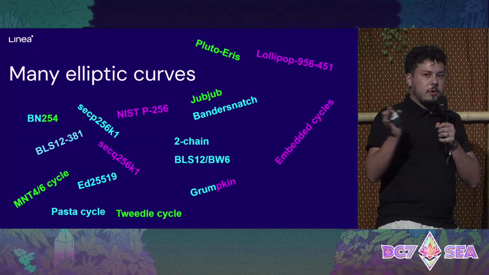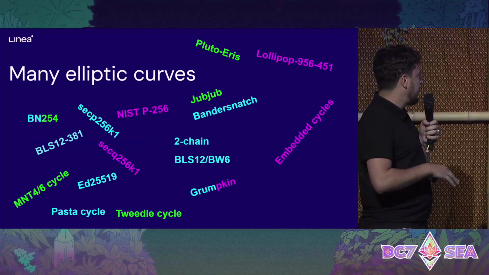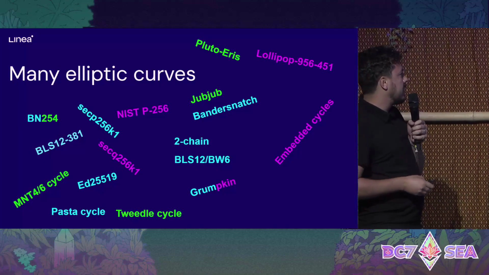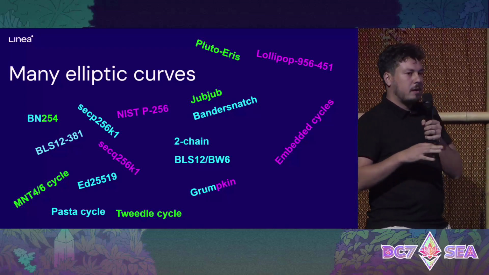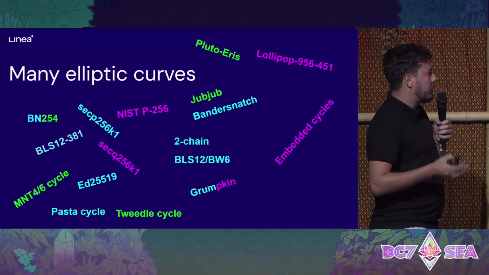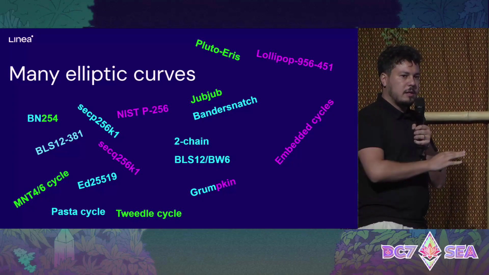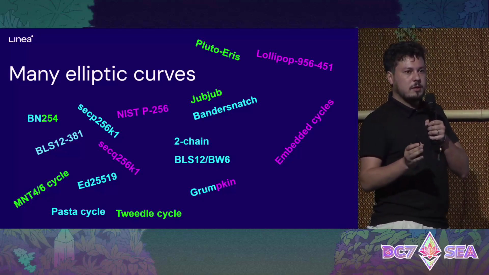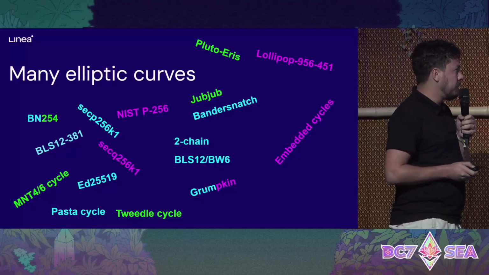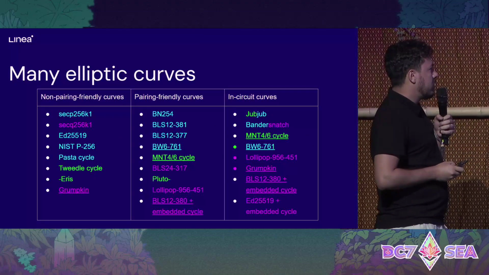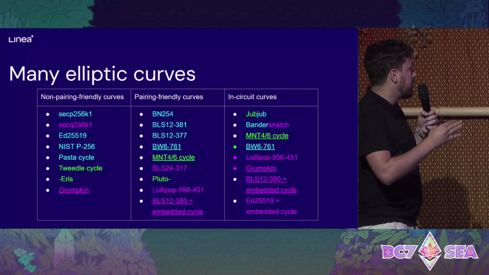So if we follow this color scheme, we have some green ones in the past, like MNTs or Tweedle cycles, some blue, like BLS or 2-chains, and some future purple, like Lollipops. And we see that BN is half blue, half green. That is because it is still used in Ethereum, but it's not secure anymore, or at least it doesn't have the targeted security.